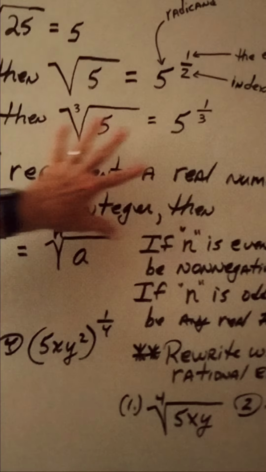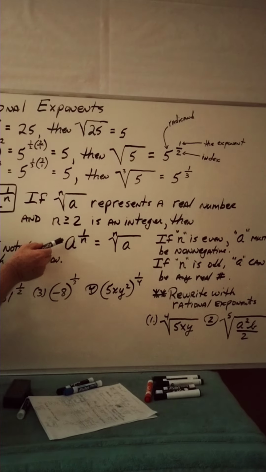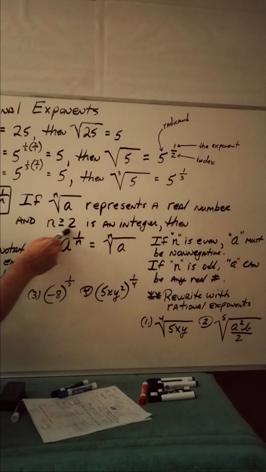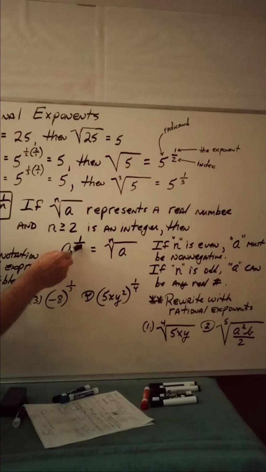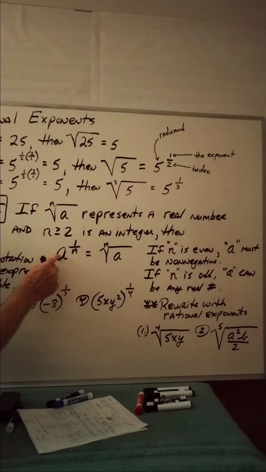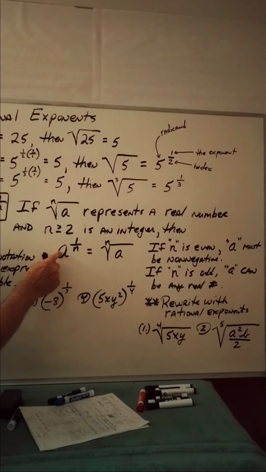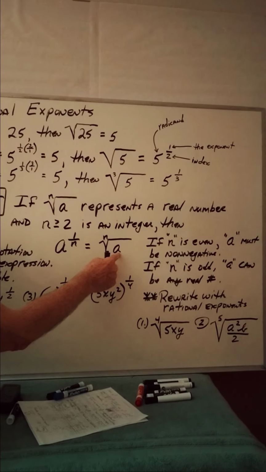So all this basic rule is pointing out is, when you're looking at an exponential expression where the exponent is a rational number, the base of that exponential expression becomes the radicand of the radical expression.